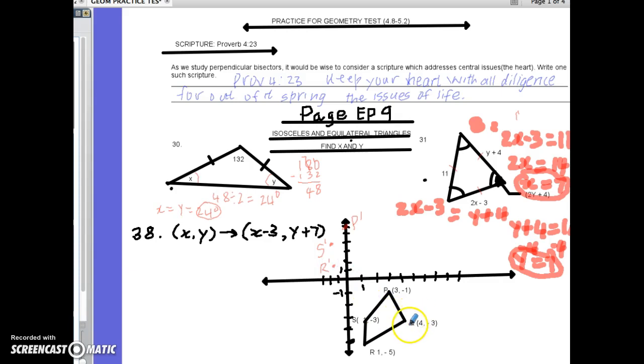And finally, point Q is going to move from 4 comma negative 3 to 1, 2, 3, and then up 1, 2, 3, 4, 5, 6, 7. So it's going to be approximately here. Graph is rough, but I trust you'll get the idea. We're going to join these vertices now, like this.